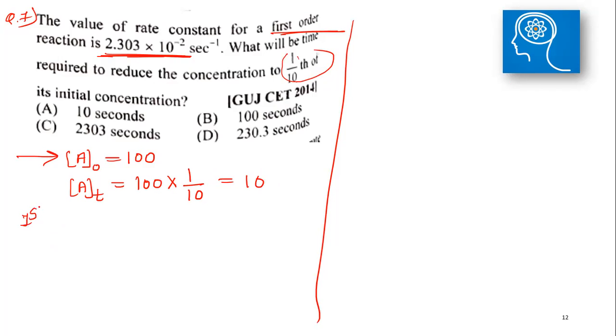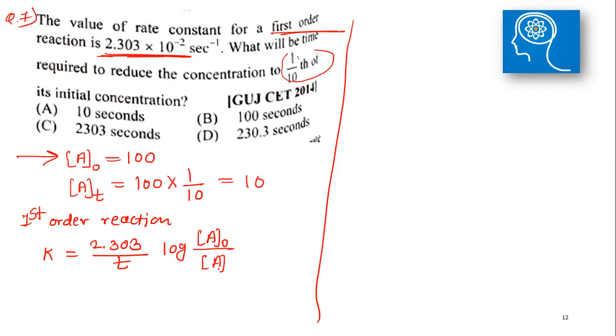For the first order reaction, you know the formula, we take the formula: k is equal to 2.303 upon t log concentration of A0 upon concentration of At, initial upon final concentration.